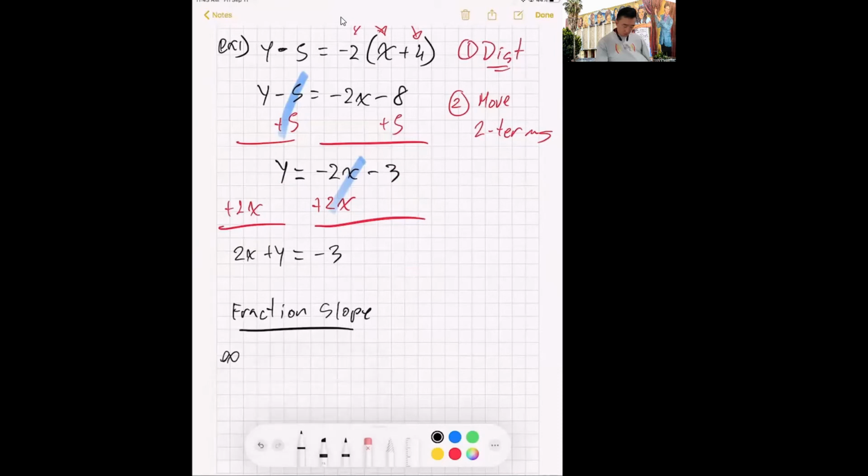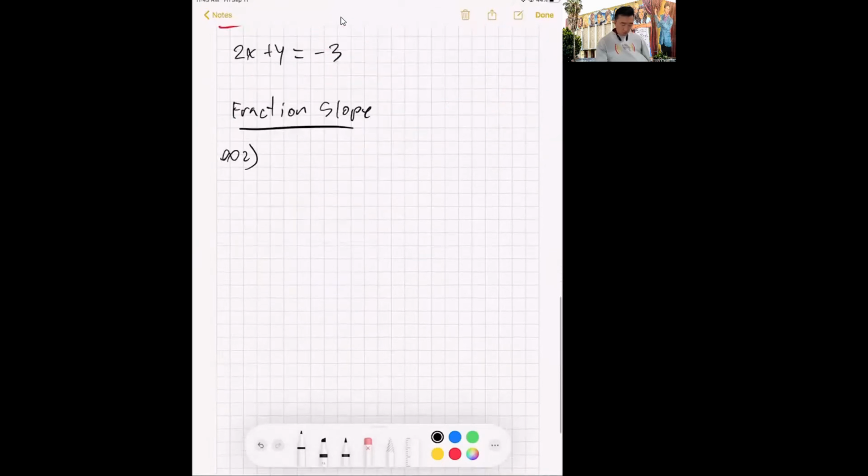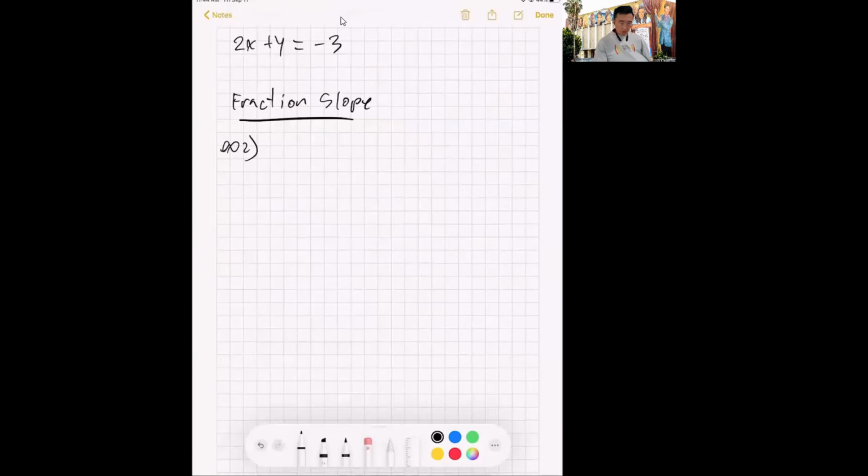So example number 2. What if they give you something like y plus 7 equals 3 over 2 times (x minus 8), something like that. Okay, so I'm going to teach you a little trick.